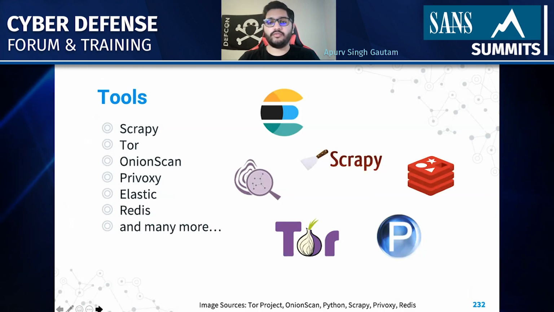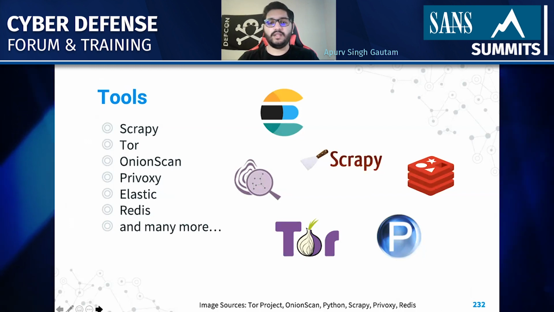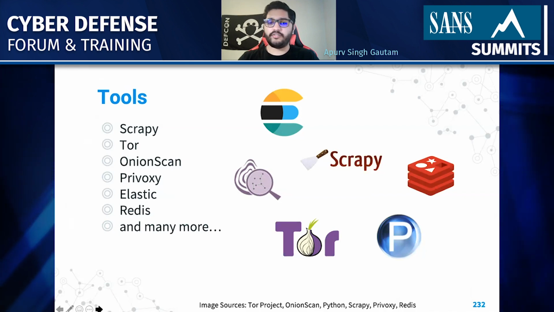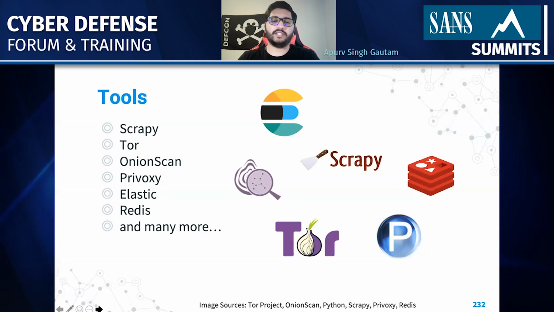Second is Tor. Obviously, if you want to access Tor, you need the Tor tool installed. Another great tool is OnionScan, which you can use to see if an onion website is up or not, or to see the relationship between different onion websites.